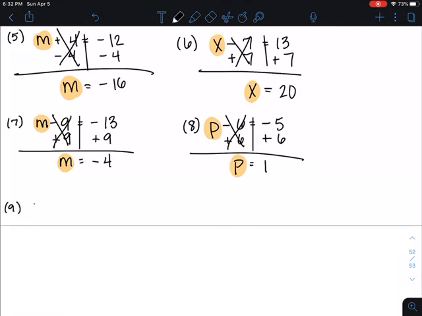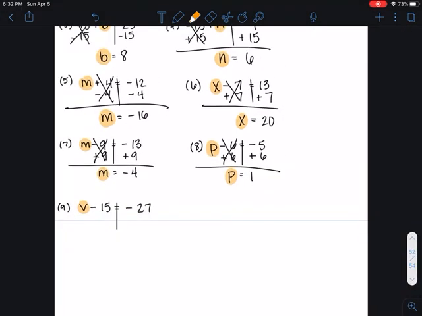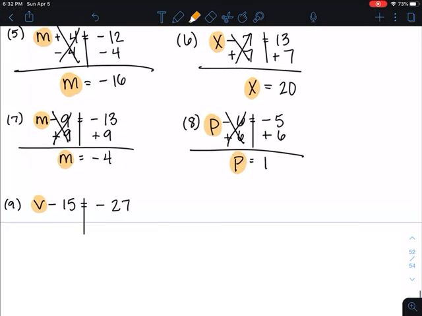I'm going to do 2 more here. For number 9, I have v minus 15 is equal to negative 27. We're currently subtracting 15 from v. We want to get v by itself. Sorry about that.